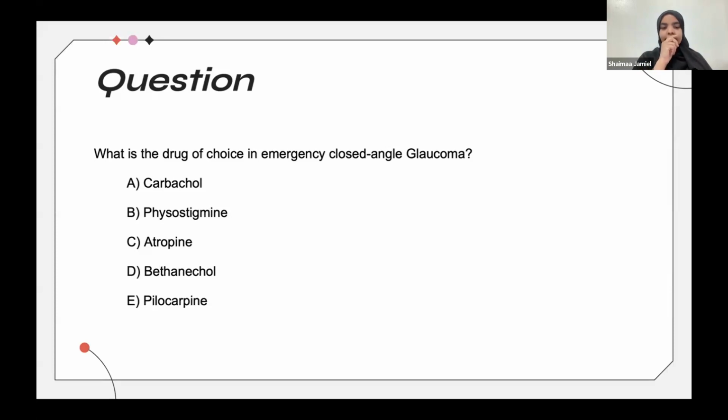It's not first line, slow acting. So basically, in emergency, it's pilocarpine. However, in normal open angle too, it's carbachol. Okay.